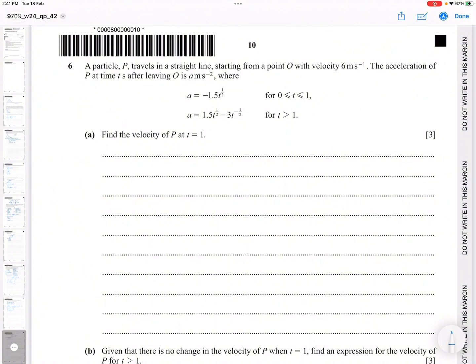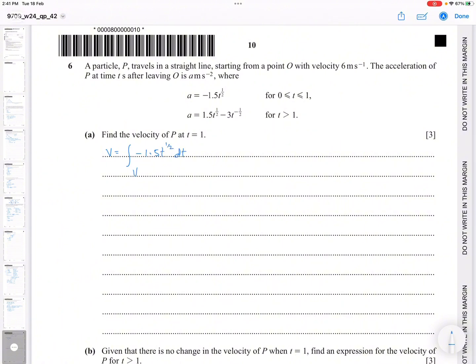So acceleration is given, so I have to integrate acceleration to get the velocity equation. So velocity equation is integration of acceleration, which is minus 1.5 t power 1 by 2 dt.